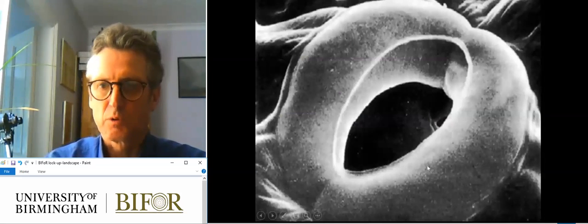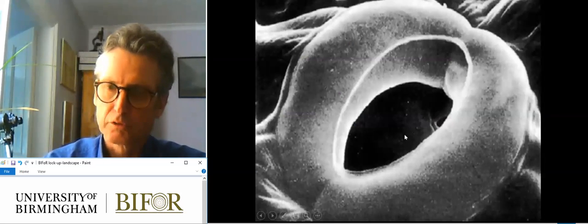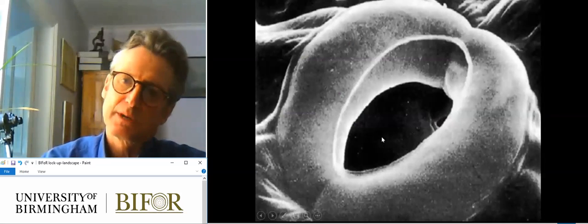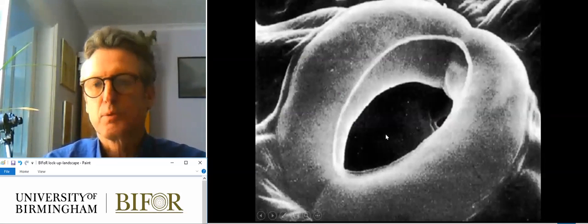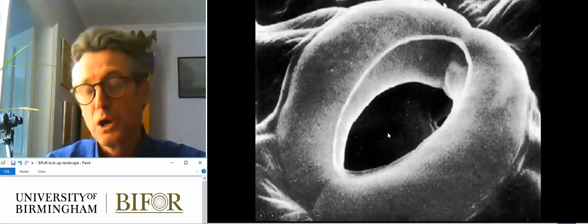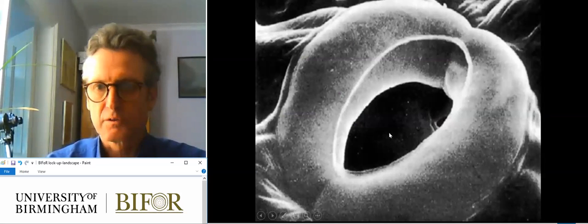So here is what we call a stomate or a stomata, and here's the pore through which the CO2 can diffuse in. But instead of just being a static pore, this pore can open and close in order to take in CO2 when it's a better time to do that, and to minimize water loss, for instance, in dry times.